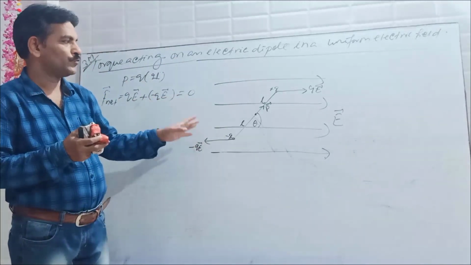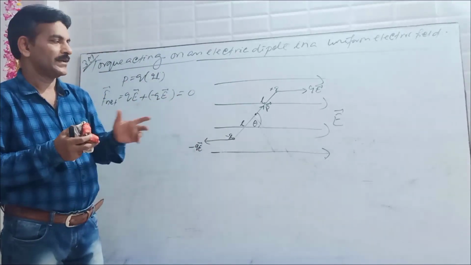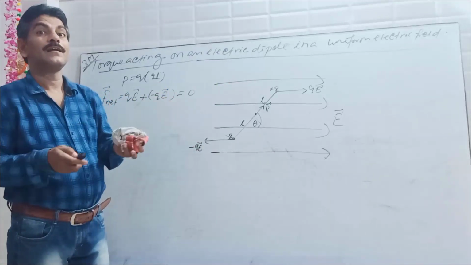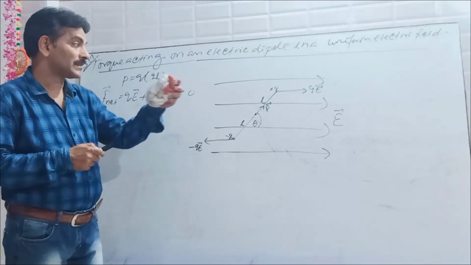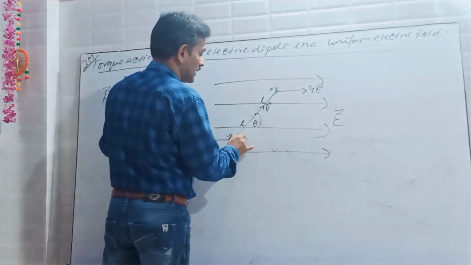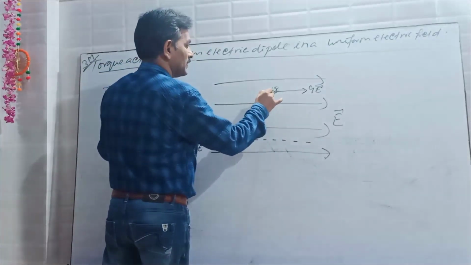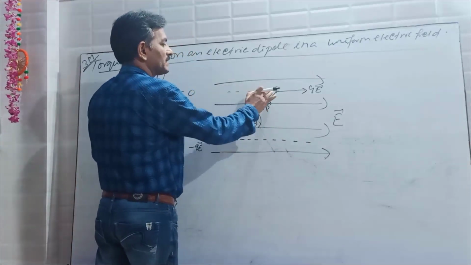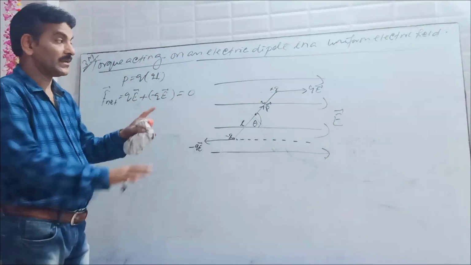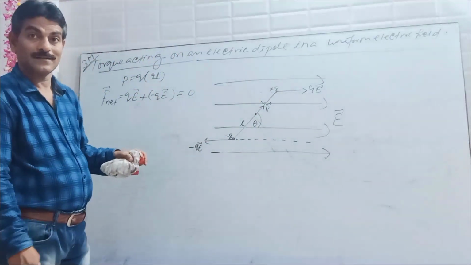But you see, these two forces are equal and opposite, but acting at two different lines of action. They are not along the same line of action. This force is along this line of action, this force is along this line of action. So they never cancel with each other.